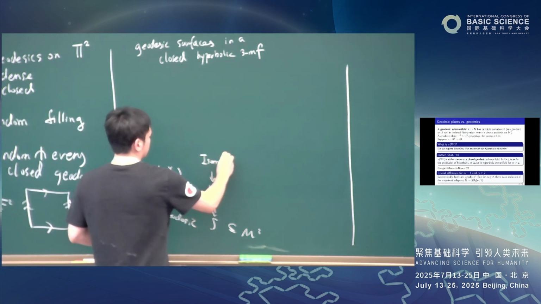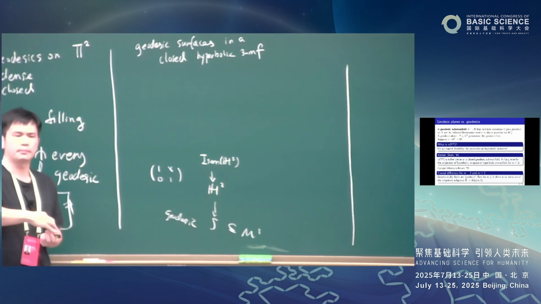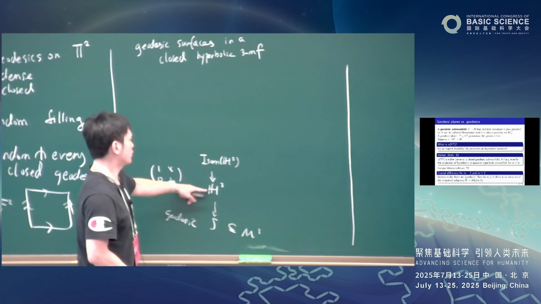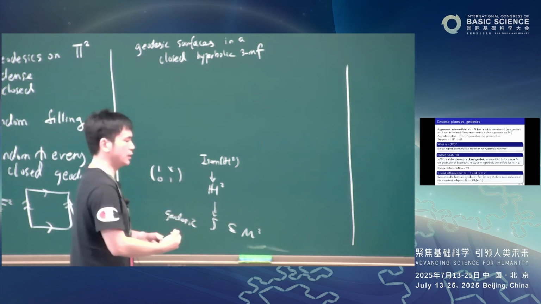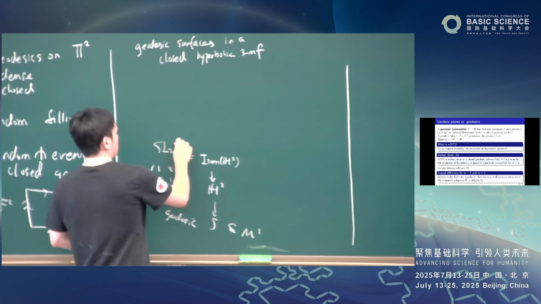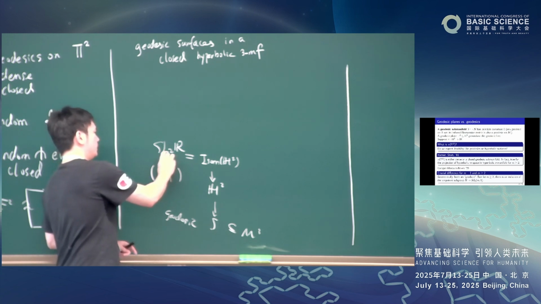Whenever you have a group, you mod out by the maximal compact subgroup, you get the geometry. So geometry and the isometry group are closely related. But this group is SL2(R), and this orbit lives in here.